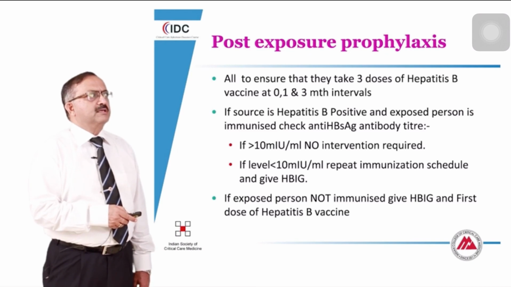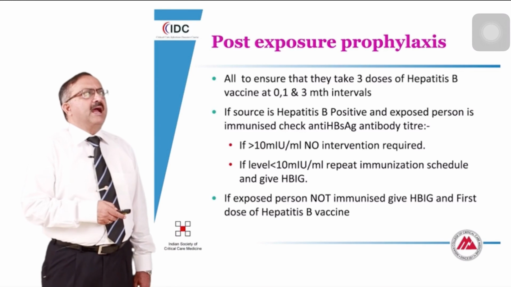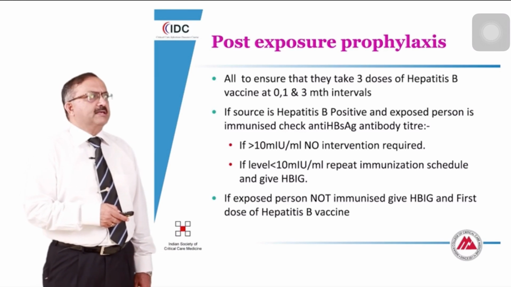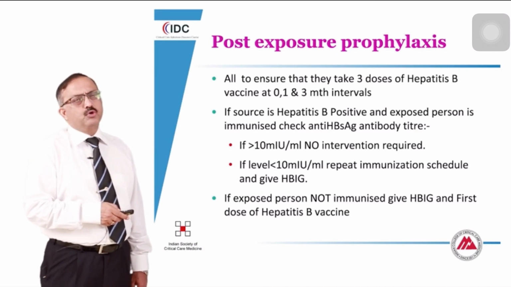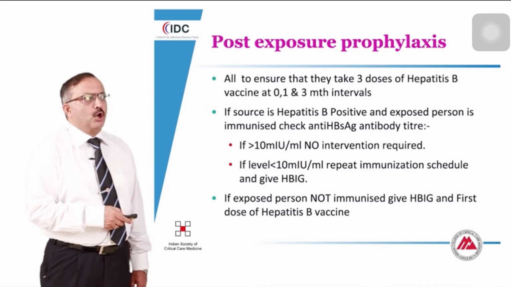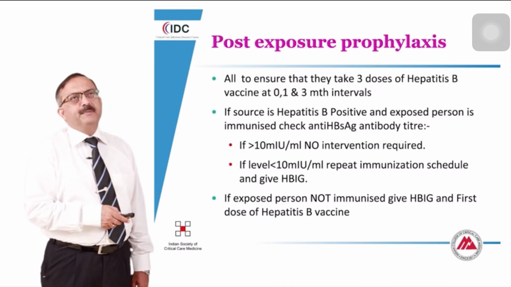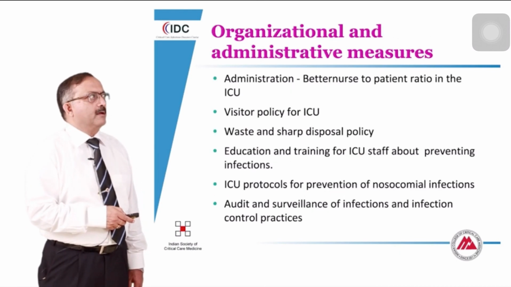If the source is hepatitis B positive and the exposed person is immunized, check anti-HBsAg antibody titer. If it is greater than 10 international units, no intervention required. If less, then they should be given the immunization schedule. If the exposed person is not immunized, give hepatitis B immunoglobulin and a first dose of hepatitis B vaccine.